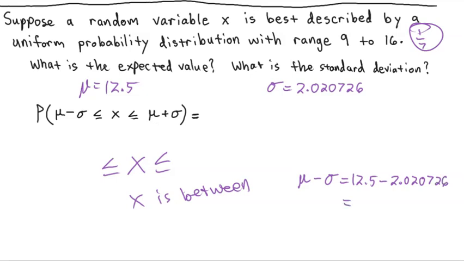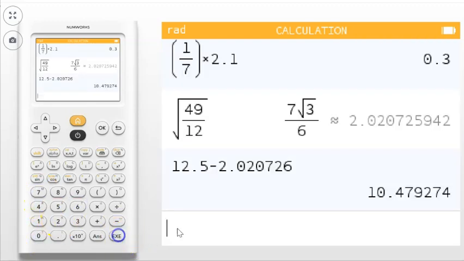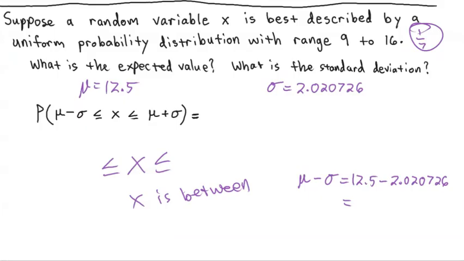So if we do this in the calculator, we're going to do 12.5 minus 2.020726. That gives us 10.479274. Let's look at that again, 10.479274.